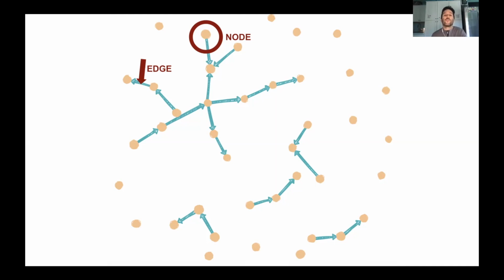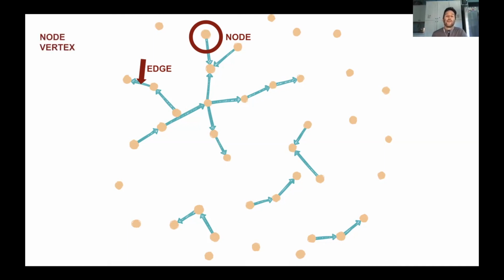It goes both ways. But if you follow someone on Instagram, that doesn't necessarily mean that they follow you. And so that direction of a network determines what kind of network it is. So if you see arrows in a network, that means it's a directed network. And if you don't see arrows, then that's what they call an undirected network. And different kinds of networks allow you to do different kinds of things.